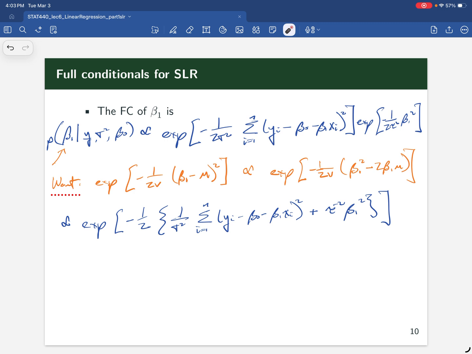Okay, now this part is a little tricky when you look at it, but the important part is the beta 1. And so what I'm going to do is treat this whole thing, yi minus the beta naught, as one big number, and then I'm going to FOIL this thing out.